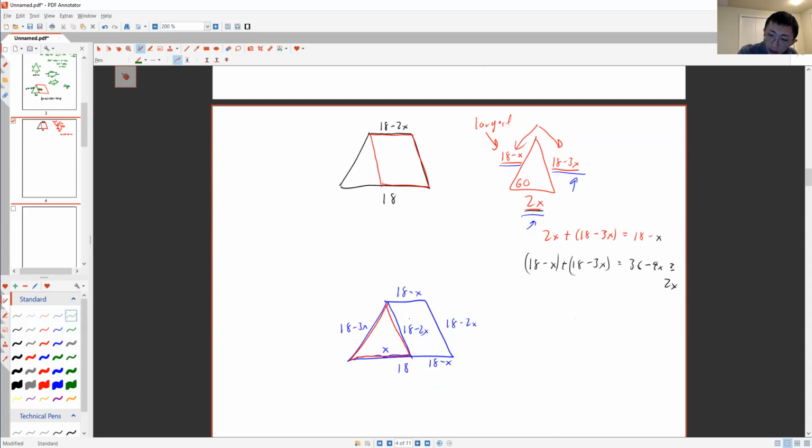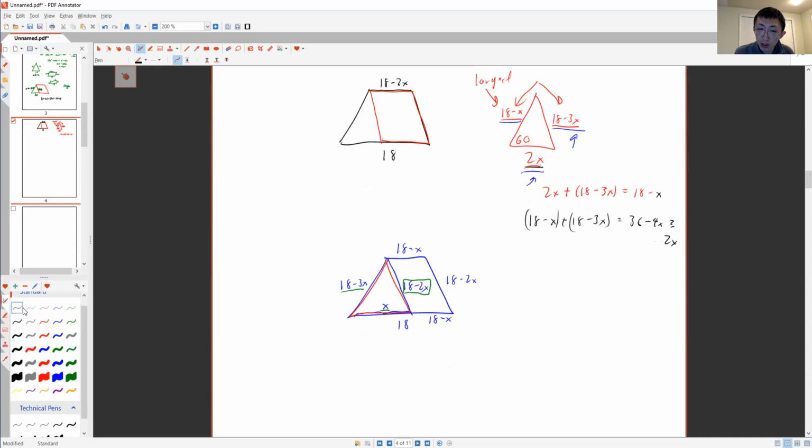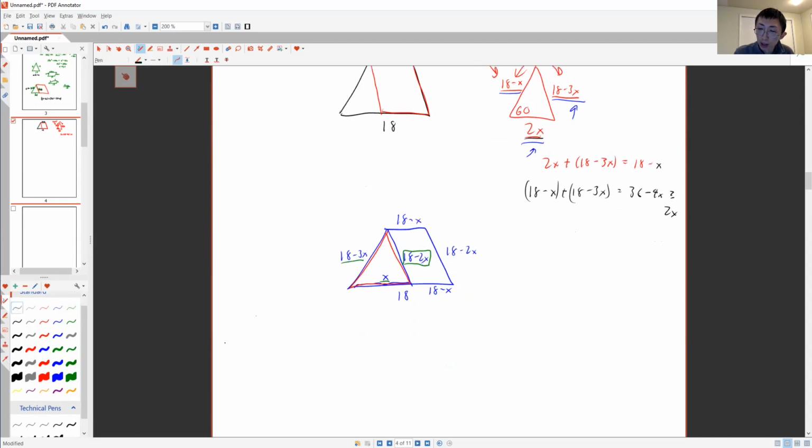Well, we can see that this plus this, 18 minus 3x plus x, is equal to 18 minus 2x. So yes, it does fail the triangle inequality. One thing that might be worth remarking on is that one degenerate case from earlier actually gave a valid case. So we should come back to that.